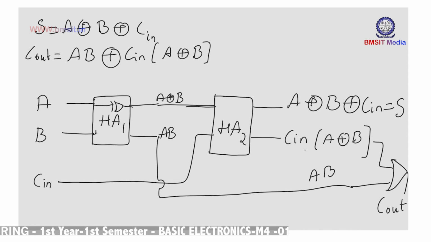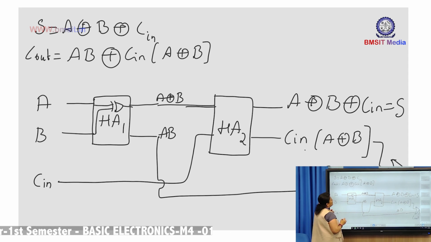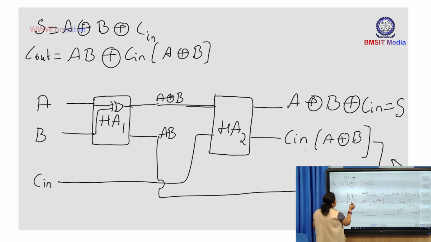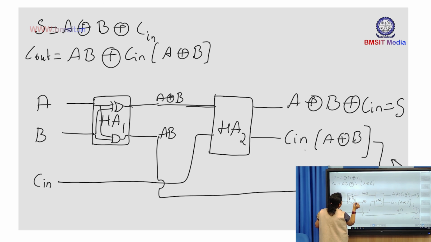Okay. And what is the second output? AB. So here you can have an AND gate whose inputs are A and B, and this is your carry.